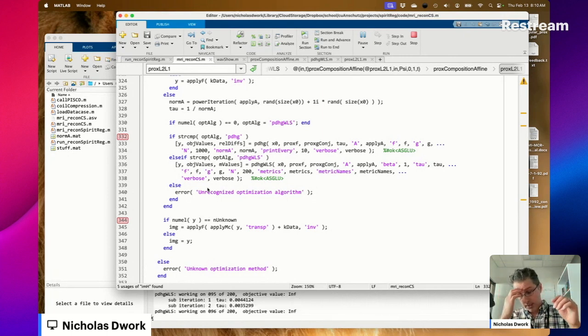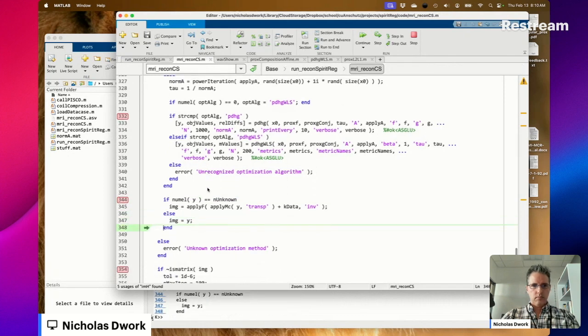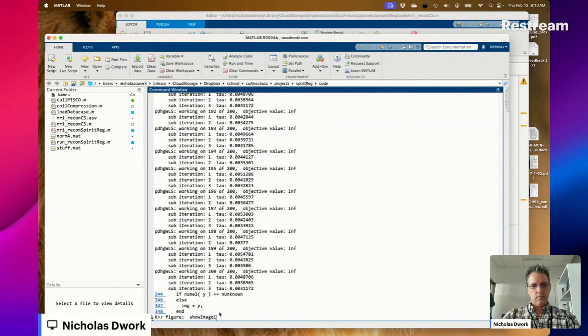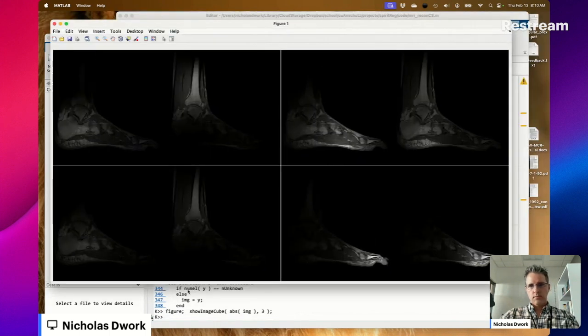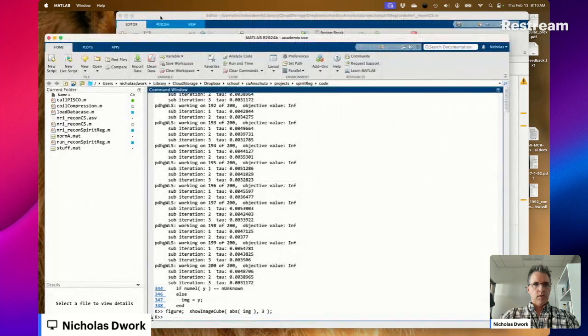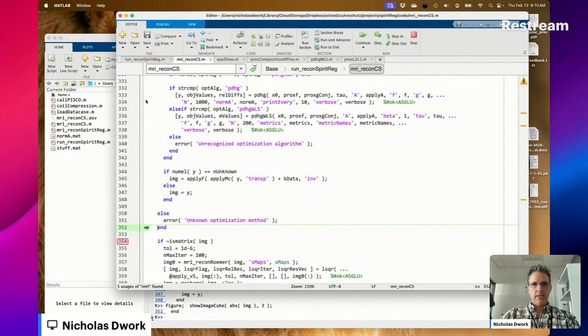One is prox L2, and the other is show image cube. Okay, now we've got a matrix of things.